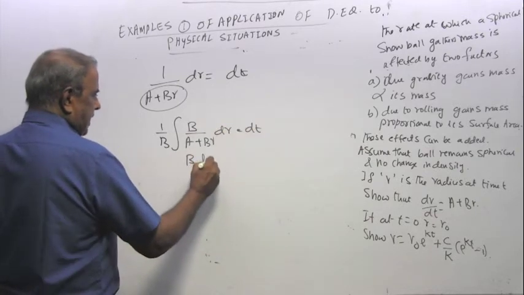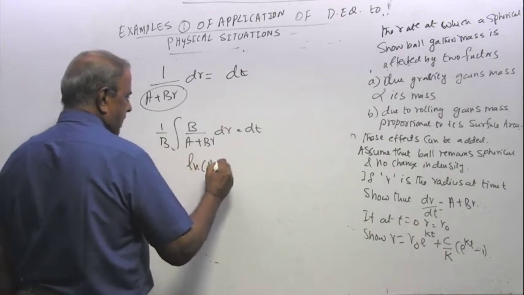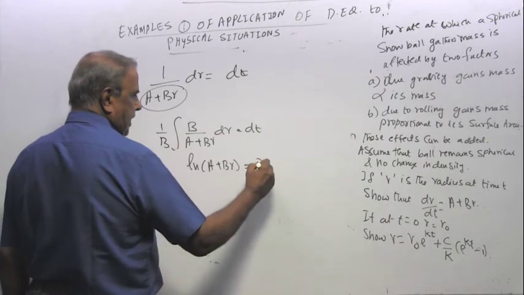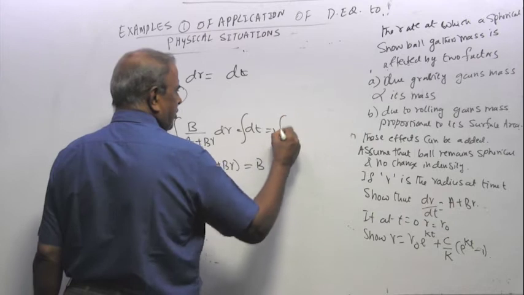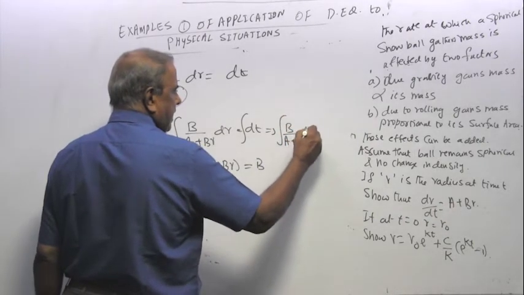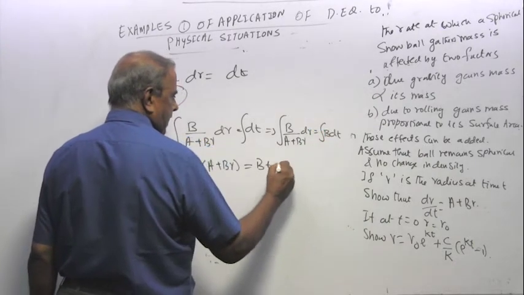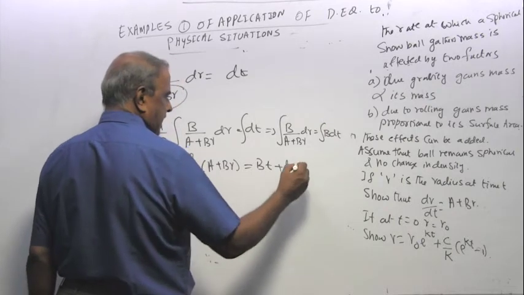So integral b over a plus br dr is equal to integral b dt plus ln d.